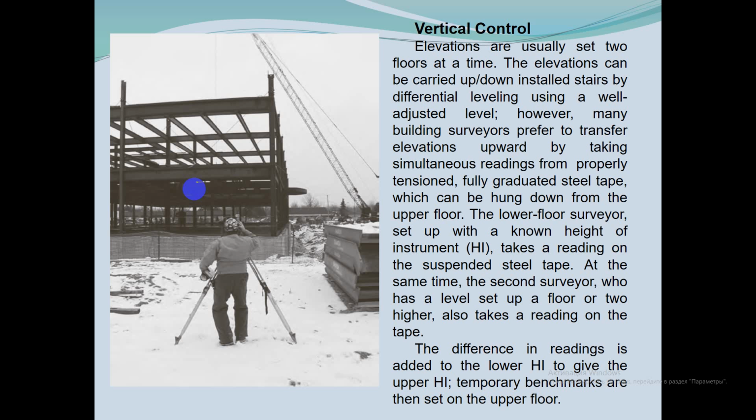The lower floor surveyor, set up with a known height of instrument, takes a reading on the suspended steel tape. At the same time, the second surveyor, who has a level set up a floor or two higher, also takes a reading on the tape.